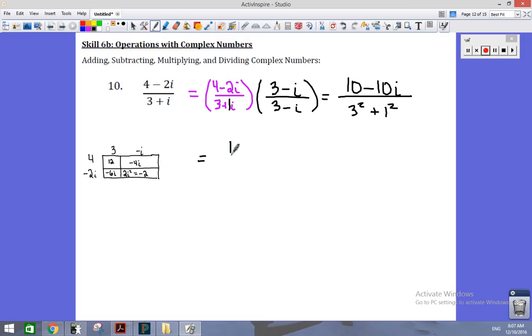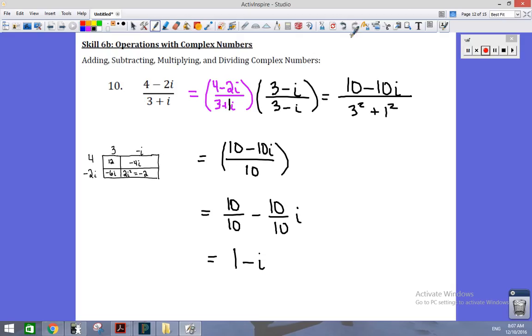I can't do anything yet with the 10 minus 10i, but 3 squared plus 1 squared, 9 plus 1, that is 10. Well, I notice that all of these numbers are divisible by 10, that this is a single fraction, and that I can break this up into, I can take the first term and divide it by 10, and then I can take the second term there and divide it by 10, and 10 divided by 10 is 1.